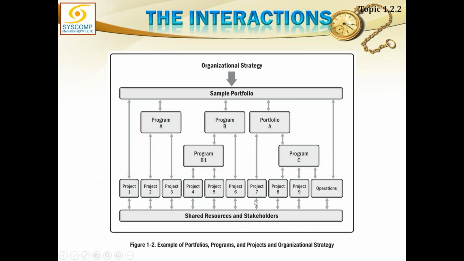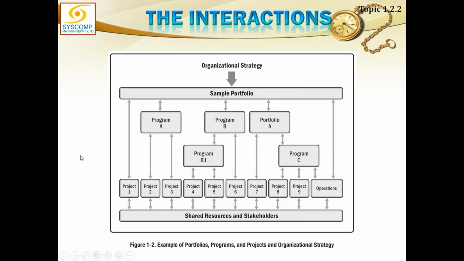Okay, let's have a look at how all of these things are configured. Organizational strategy is sitting on top, and your portfolio is aligned with the organizational strategy. From an administrative point of view, under a portfolio, you can have programs and you can have sub-portfolios.